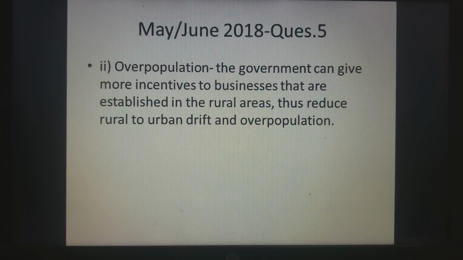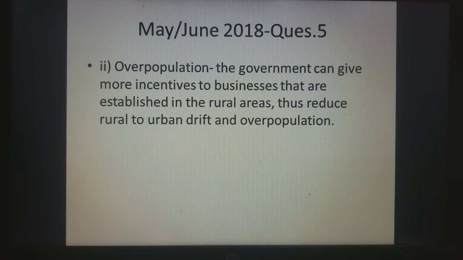The second economic problem is overpopulation. Now, what the government can do is to give more incentives to businesses that are established in the rural areas, thus reducing rural to urban drift and overpopulation.